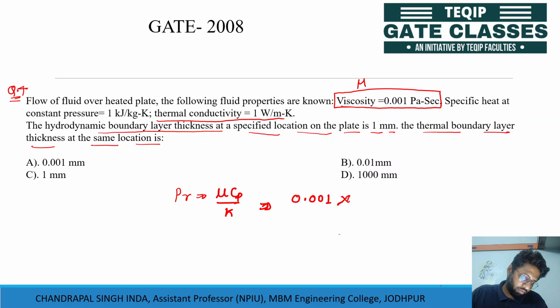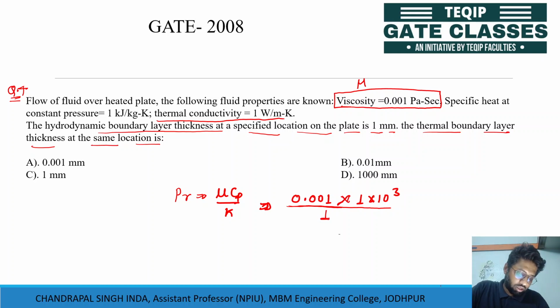Now the value of Cp is 1 into 10 to the power 3 joule per kg Kelvin, and the value of thermal conductivity given is 1 watt per meter Kelvin.